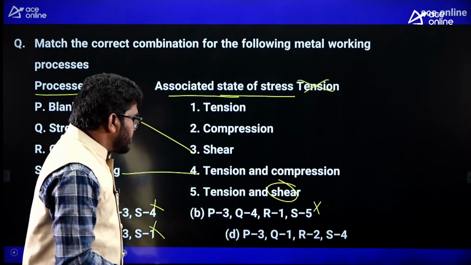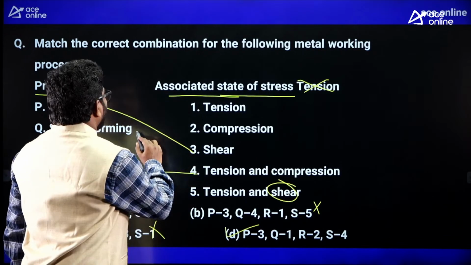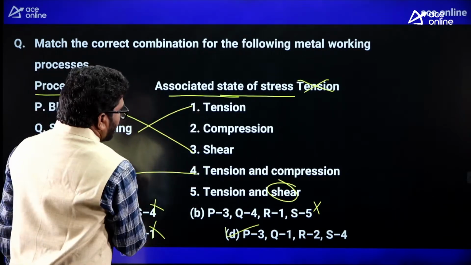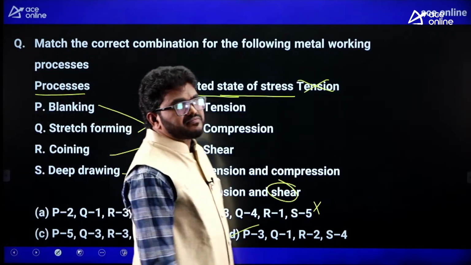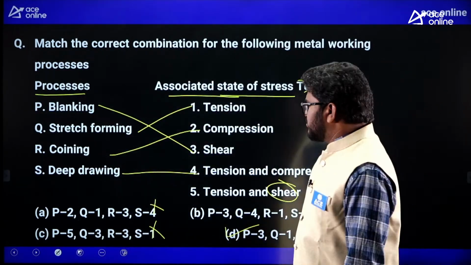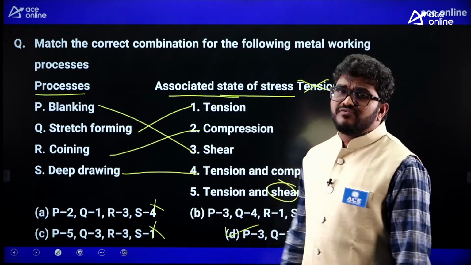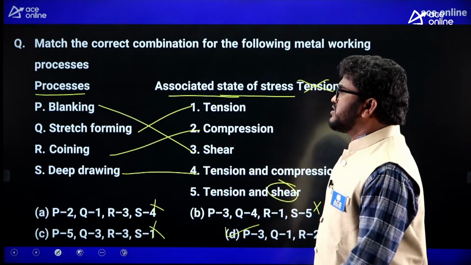So tension and compression is there, so D is the correct answer. So stretch forming, tension, coining is nothing but compression. It is easy to get the answer for this question. So D is the answer for this question. Sometimes they will ask match the following questions like this in your exam.